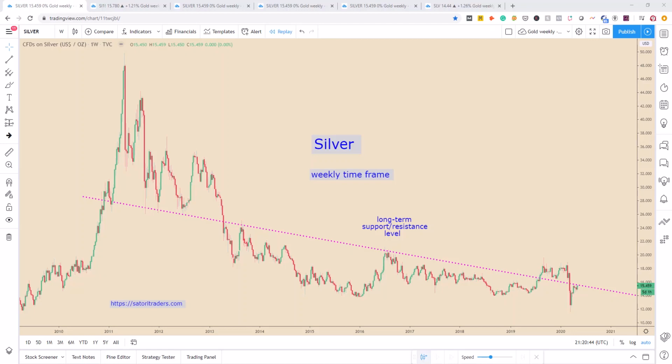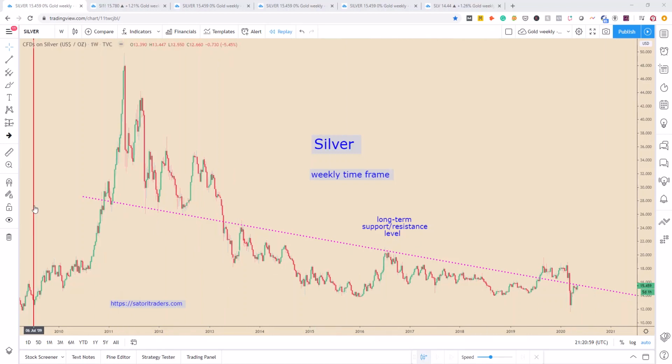The first chart we have in front of us is the weekly time frame for spot silver. And you'll notice the pink slanted trend line there.